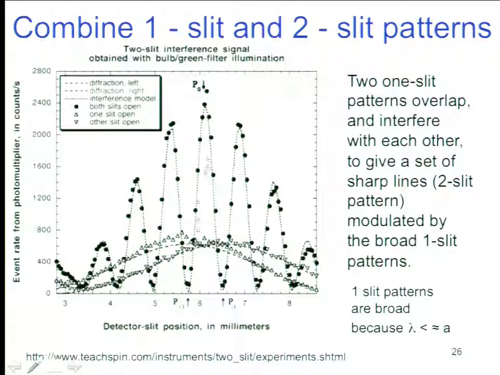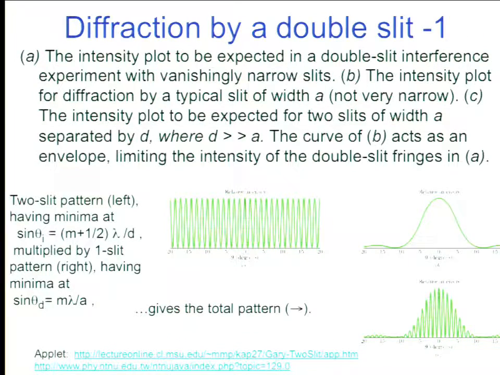This is the n, different orders of n. And so your pattern gets to look rather more complicated. You see, you have the broad single slit pattern, and you have the multi-slit pattern that looks like this. So the actual pattern is a product of these two. In other words, this one modulates this to produce this.